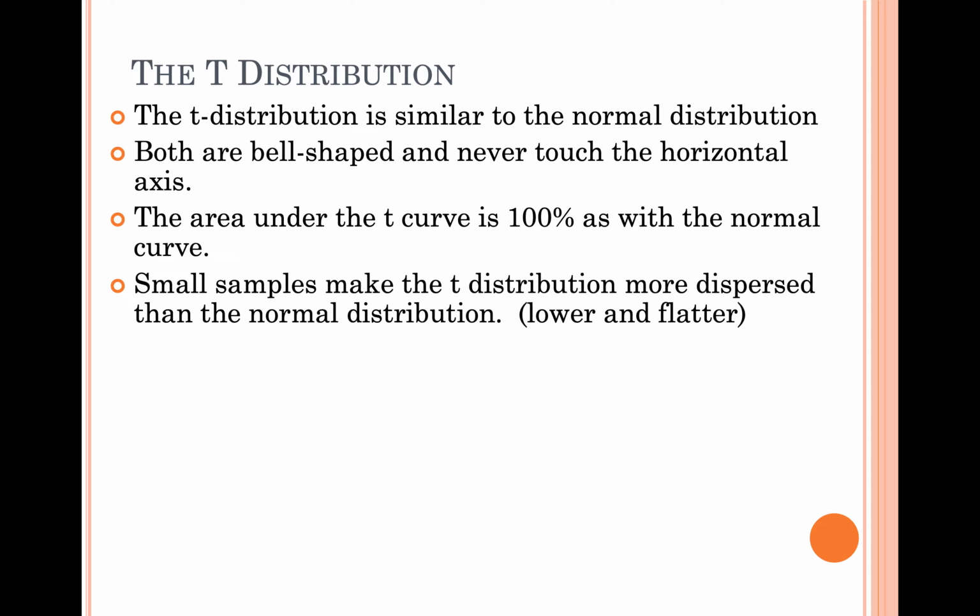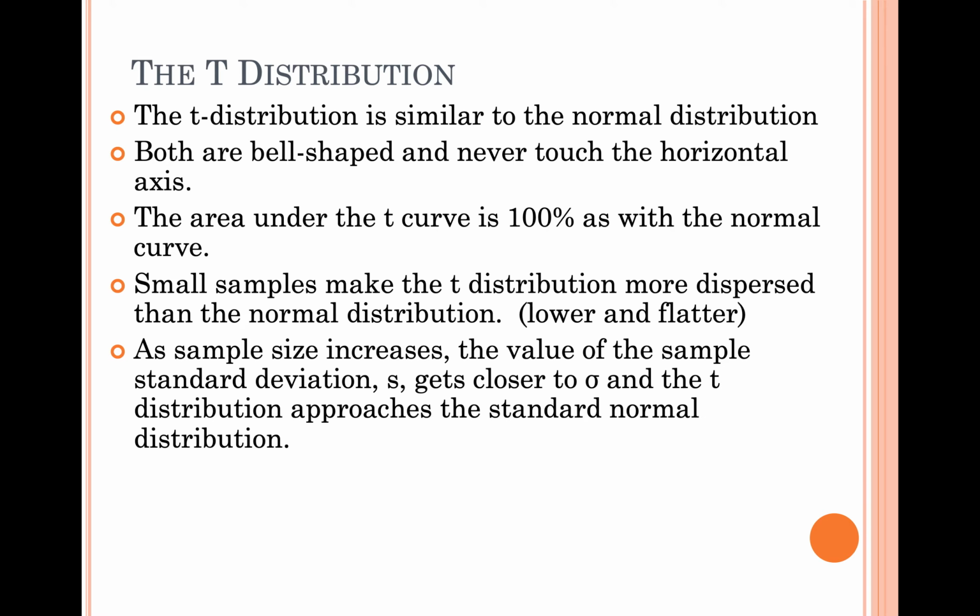But small samples make the t-distribution more dispersed, which is more spread out than the normal distribution. It is lower and flatter. And as the sample size increases, the value of the sample standard deviation, s, gets closer to sigma, and the t-distribution looks more and more like a normal distribution.